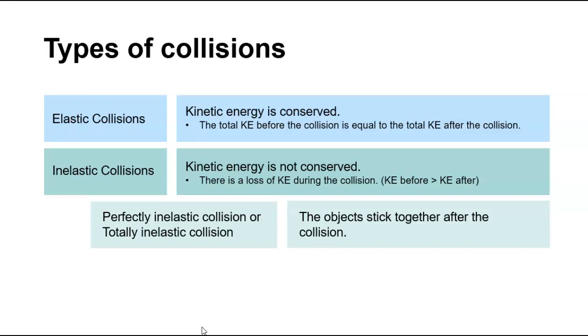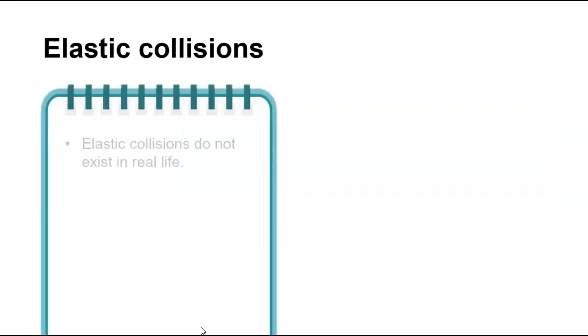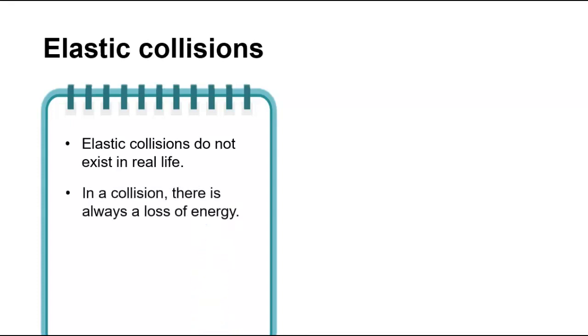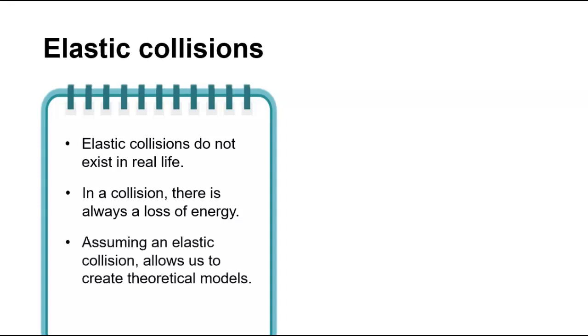We're going to talk about examples of each of these in a minute, but let's first talk about elastic collisions. The honest truth is elastic collisions do not exist in real life. In a collision, there's always a loss of energy due to perhaps heat, light, and sound. So why do we talk about elastic collisions if they don't exist?